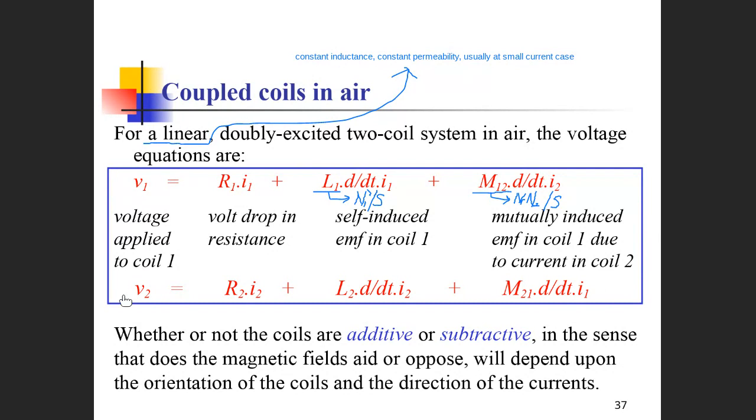Similarly on the coil 2 side, this is the applied voltage in coil 2. This is the voltage drop in the resistance of coil 2. This is the self-induced voltage in coil 2. This is the mutually induced voltage in coil 2 due to the current in coil 1.